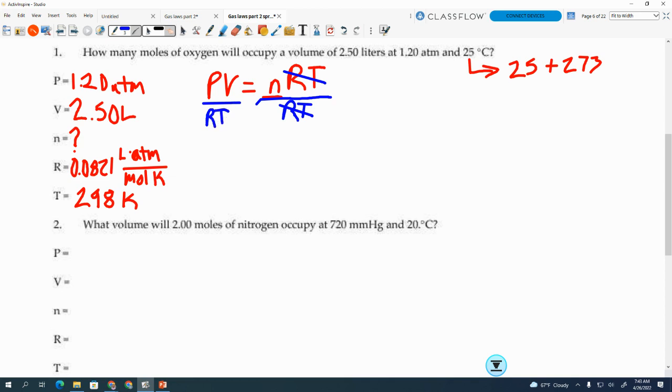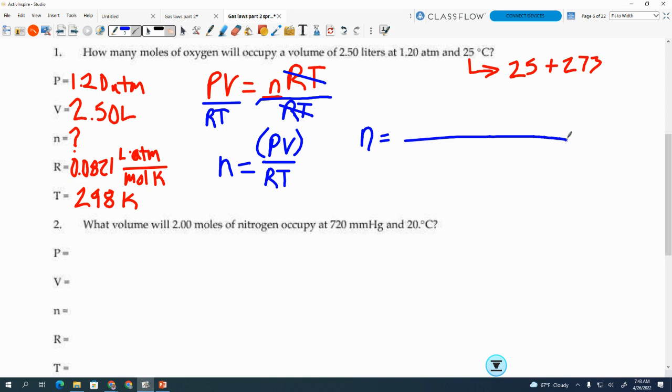So my actual formula that I'm going to use is n equals PV over RT. Now, I'm going to go ahead and put the numbers in just so I can show you unit cancellation, but I'm not going to solve it. So we have n.